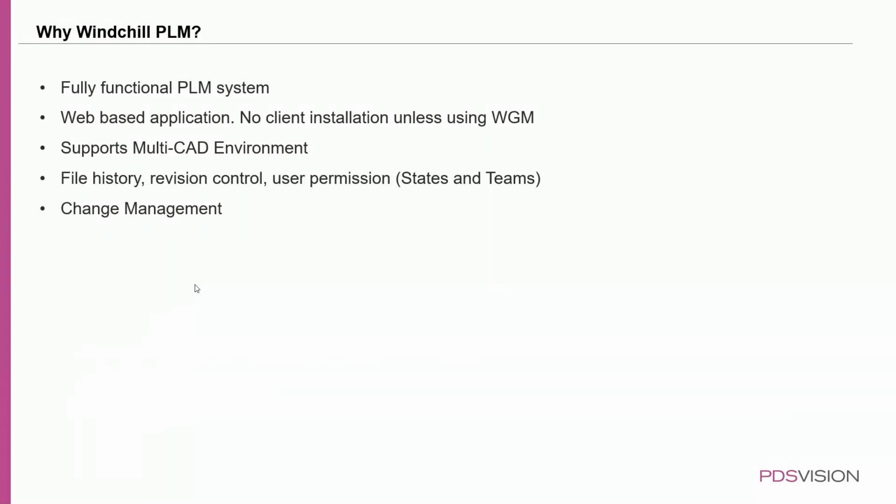So every company has some form of a change management process, but all of that we can go through and incorporate into Windchill as well, and automate those processes and track those processes and maintain the history of all that change data that we've used inside of Windchill.